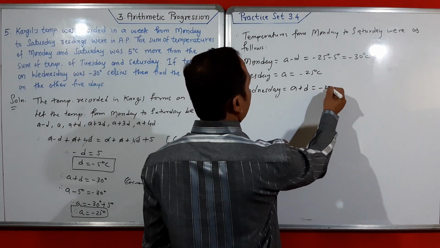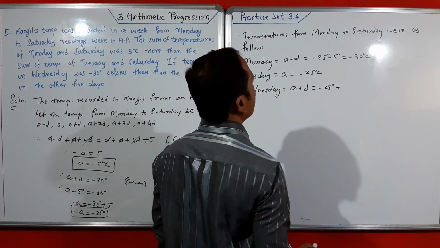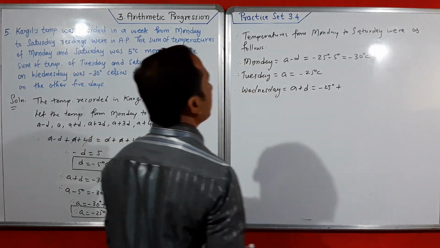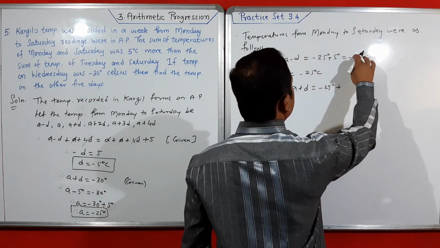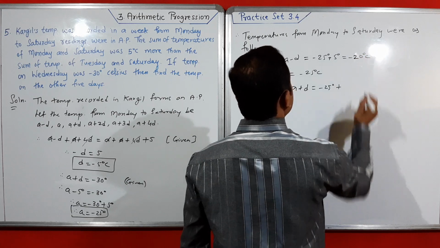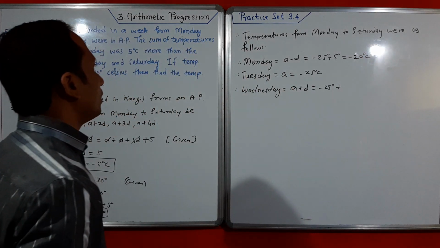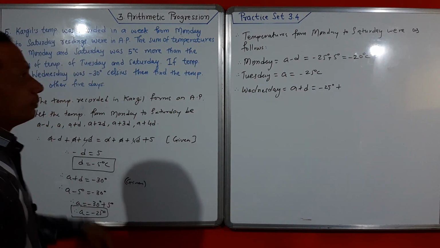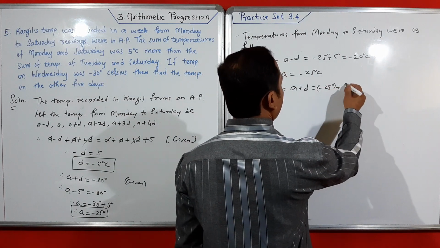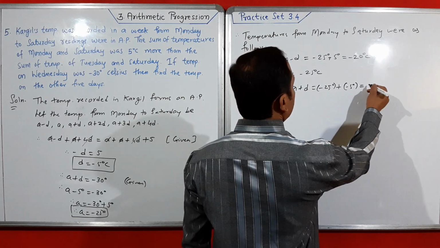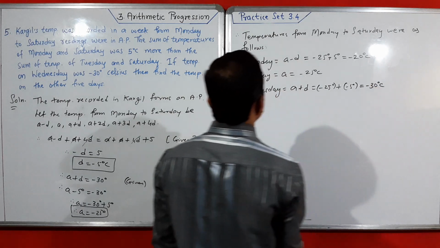Sorry for this, because minus is already there, minus d, so it will be plus. Minus 5 degrees Celsius, so it is minus 30 degrees Celsius.